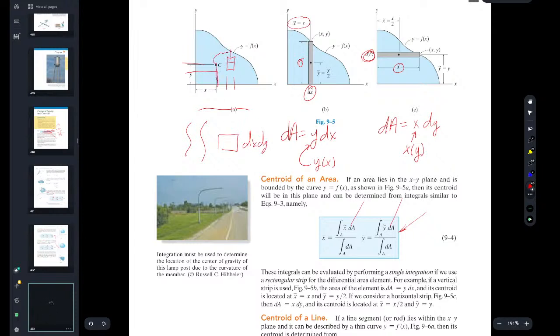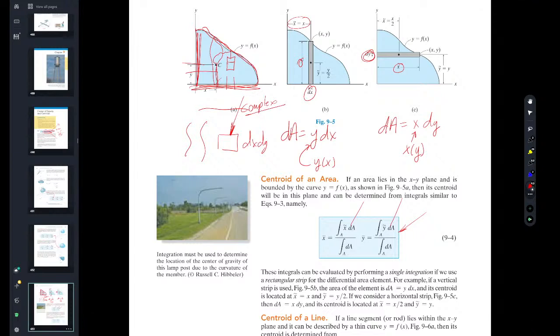As you move it all around, of course it can't go lower than here, it can't go above this, and it can't go anything to the left of here. So you have to respect your boundaries, and that's where this can become complex, or sometimes not so complex. It depends on the problem itself. For the limits of your integration, if you're looking at the dy, it's going to go from the bottom here to this function.